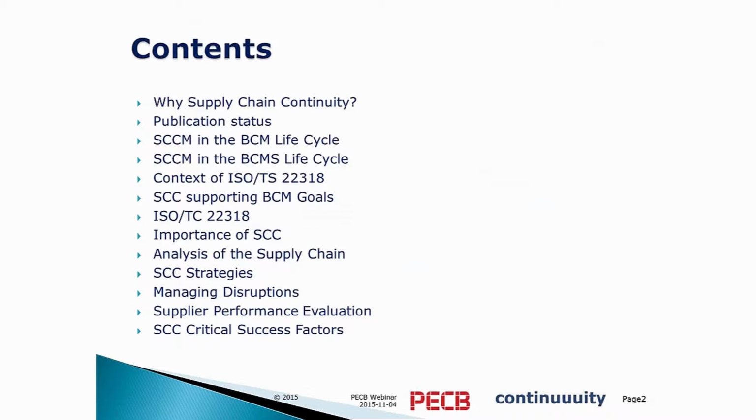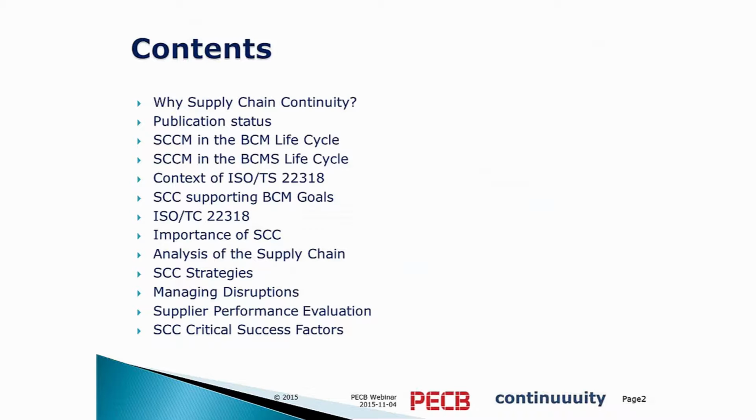I hope it's not too technical and too theoretical. Then we talk about the context, the relationship with other standards in this area. We have to underline again how SCC or SCCM supports BCM goals. It's a boilerplate text actually, it's not specific to SCC.